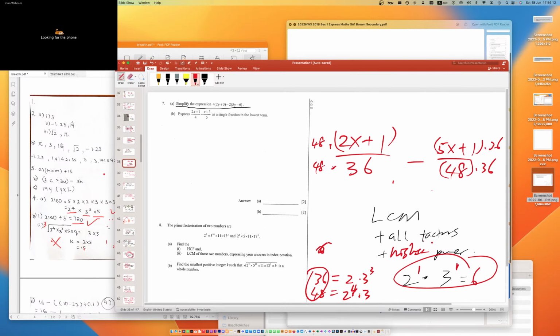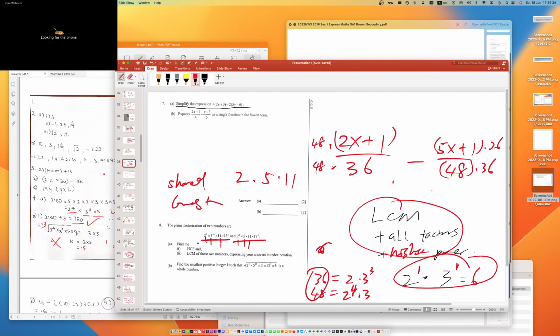Okay, so this one they like to give you in this format. For the lowest common factor, I just do it like LCM, so I know it's shared and lowest power. So what is it? I see a 2, I see a 5, I also see 11. Lowest means 5, 3, 3.